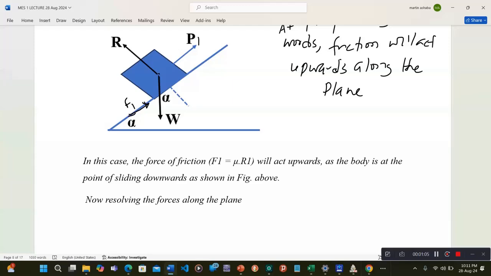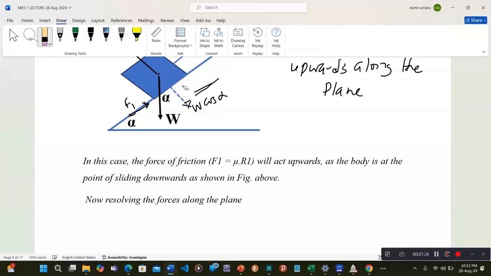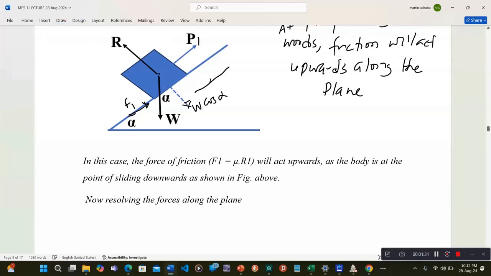Now resolving forces along the plane. If we resolve forces along the plane, what will happen? We see that here we have W cos alpha, and we also have another force, which is W sine alpha, due to this W acting at an angle alpha with the normal reaction's line of action.